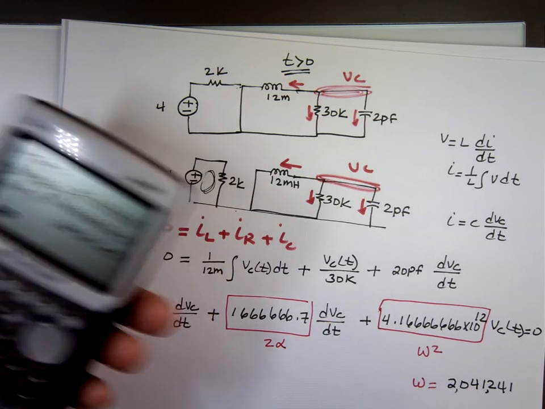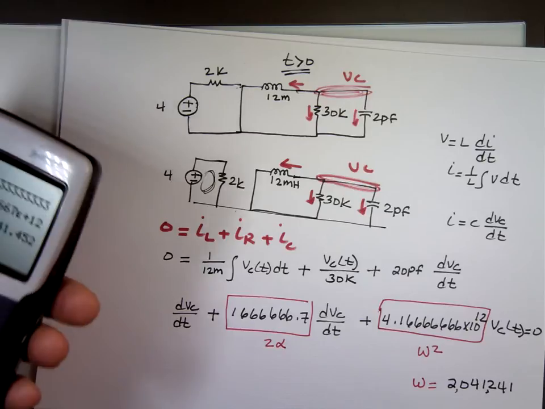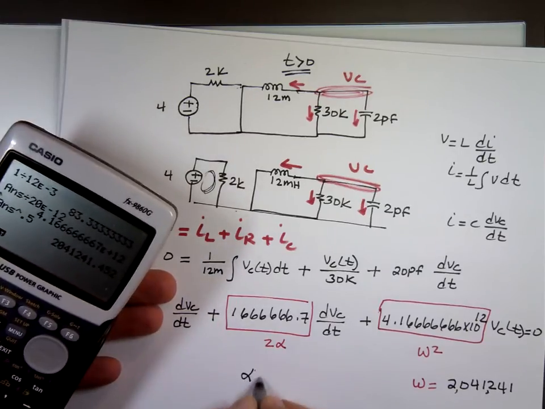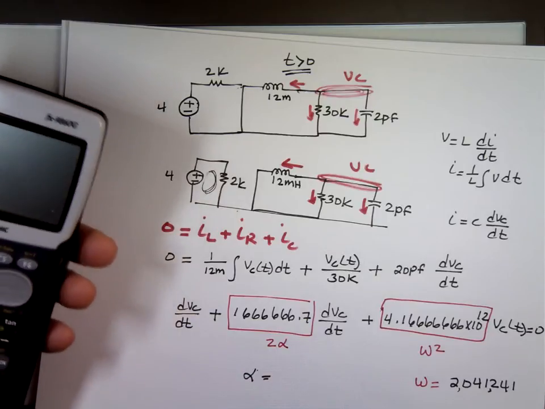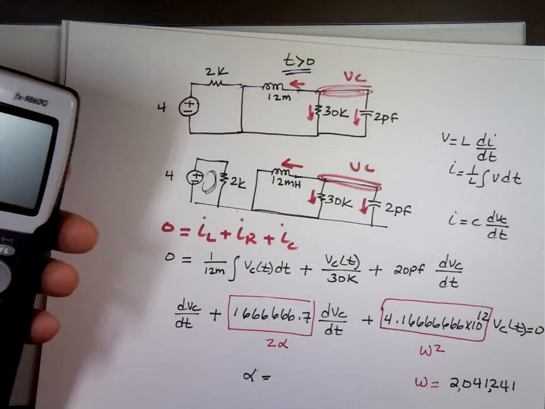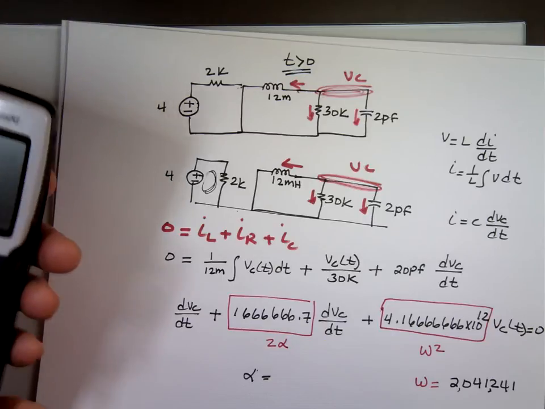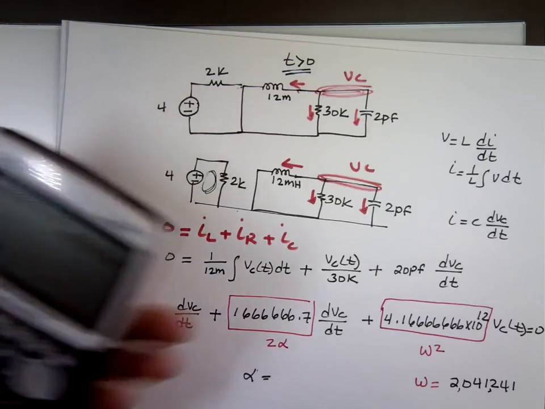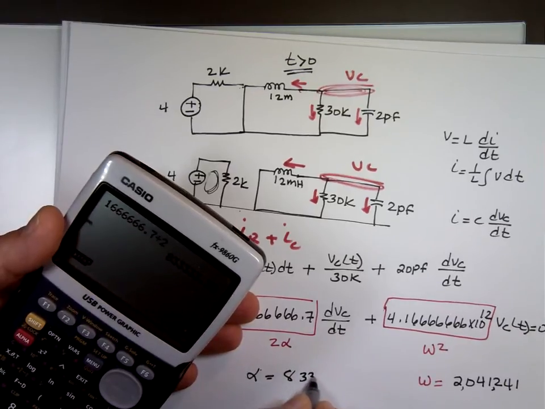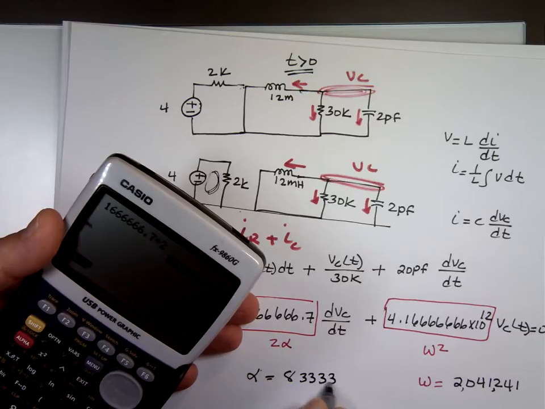Alpha is 1,666,666.7 divided by 2, roughly 833,333.